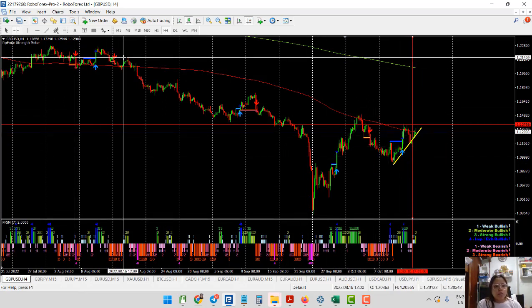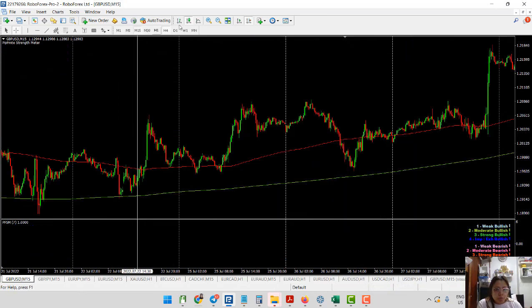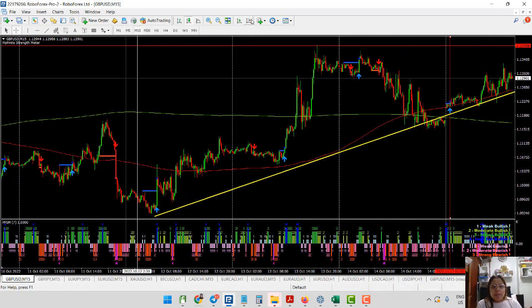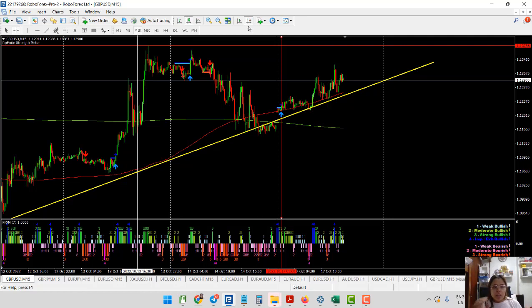But since we are doing intraday trading, we would want to have opportunities from day to day. So that's how I will look at Breakout Edge and Strength Meter to be my deciding factors that will help me decide which trades to catch.